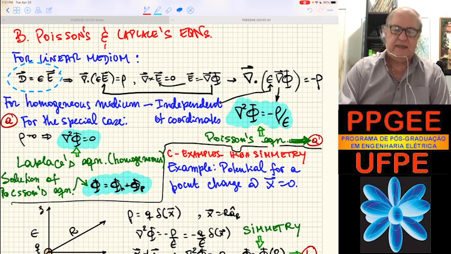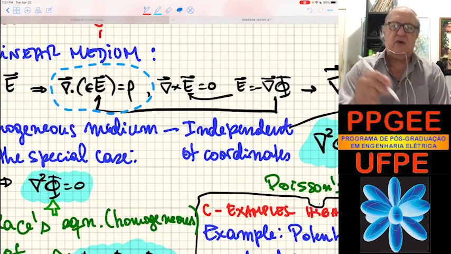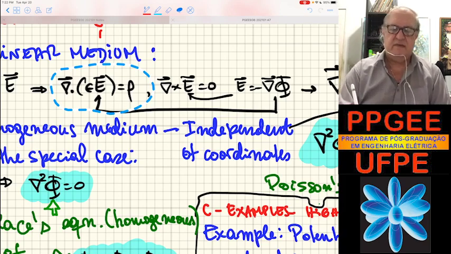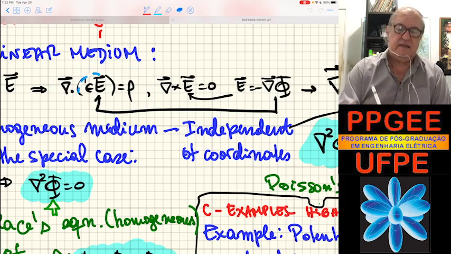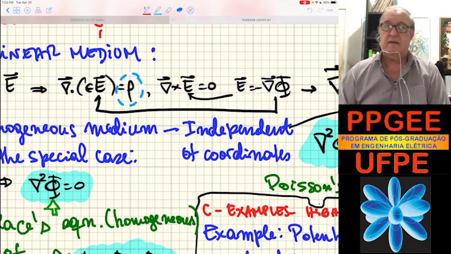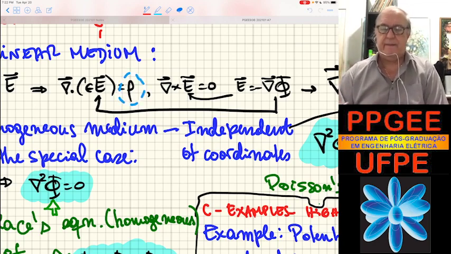If we plug that into the differential form of Gauss's law, the divergence of D equals the free charge density. Recall, this parameter here is the free charge density.